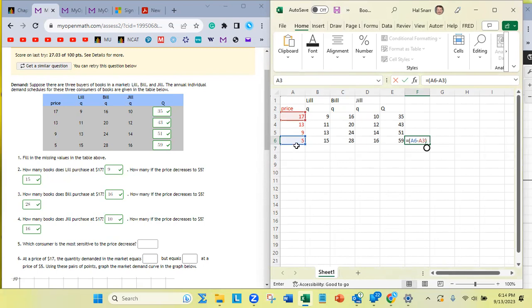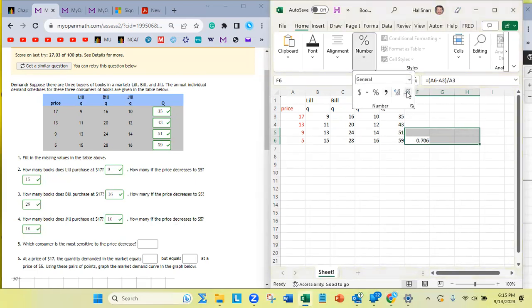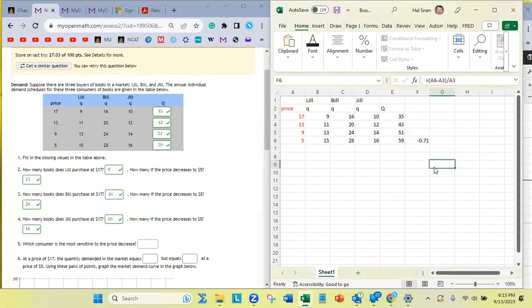We're going to divide that by what the price was, 17, and we get about 71%. So the price dropped from 17 to 5, the price dropped 71%.